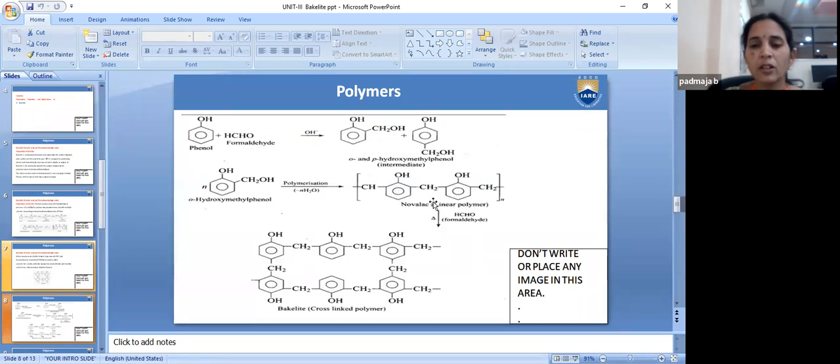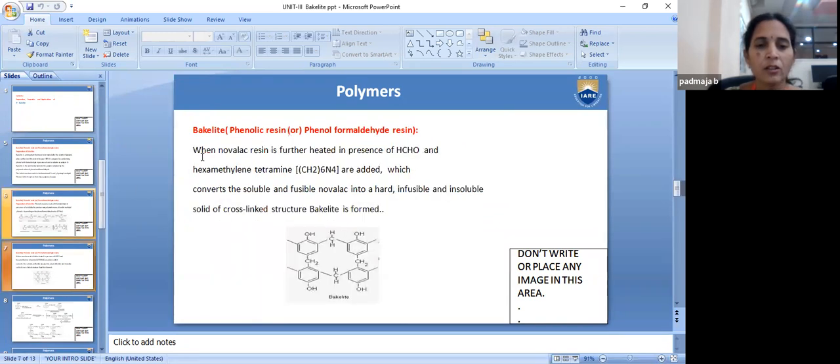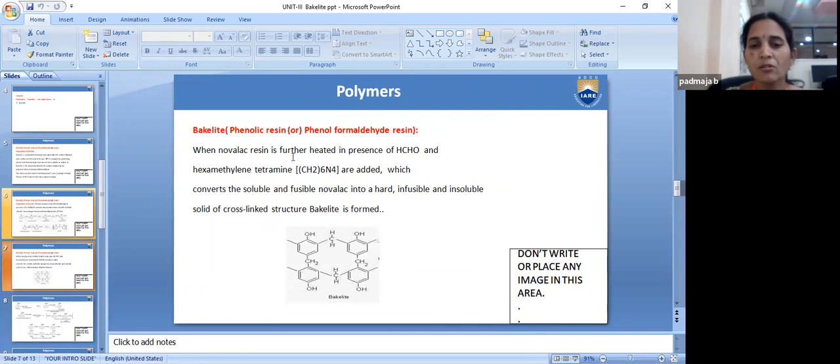Now the third step, students. We take the Novolac resin and heat it further, in the presence of formaldehyde, and we add hexamethylene tetramine catalyst.